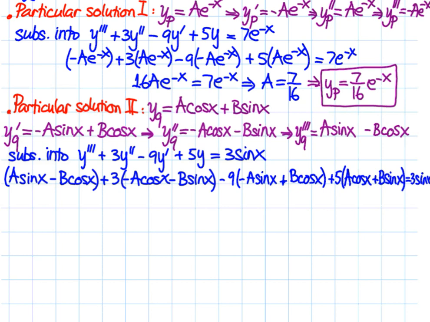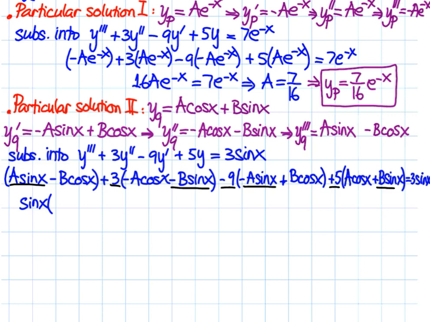Right. Now on the left hand side we have either sine or cosine for sine x. We combine like terms. We have a sine x here, 3, and negative b sine x, negative 9, and a sine x, and then 5, and b sine x.